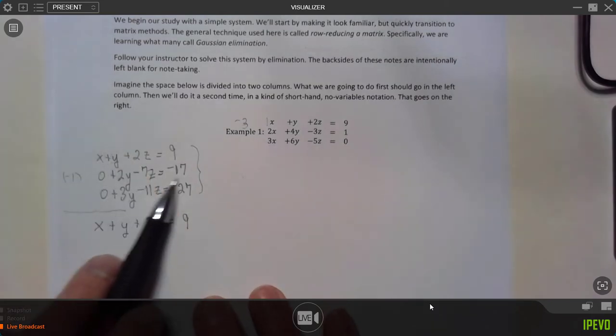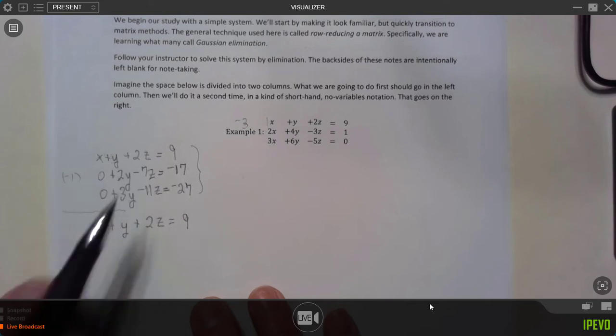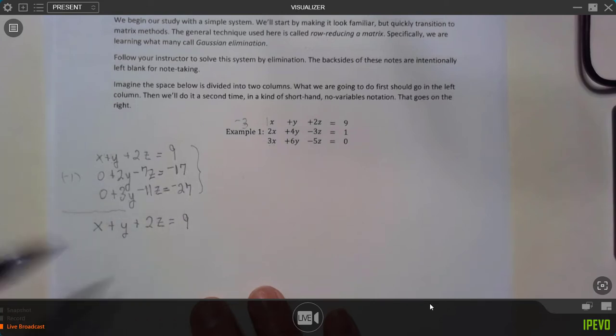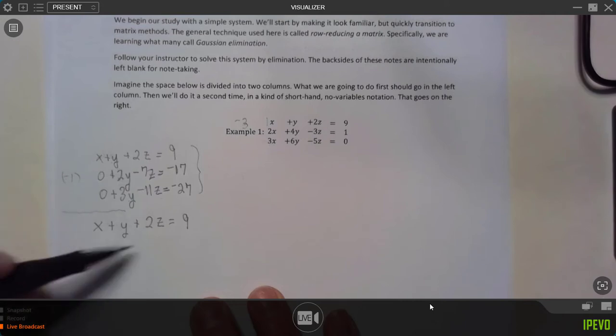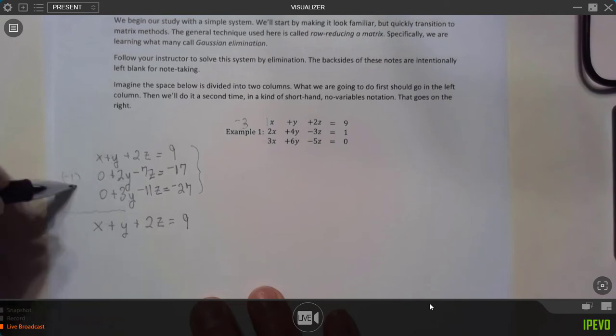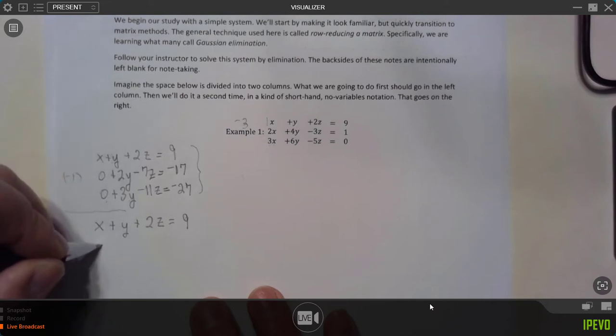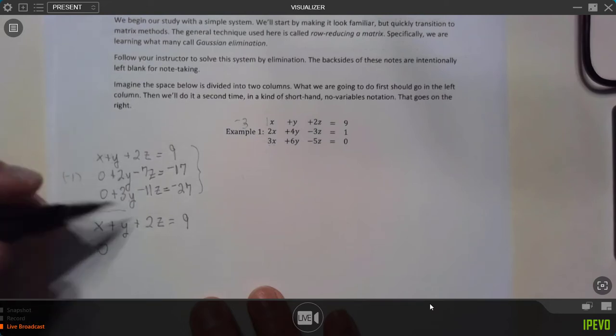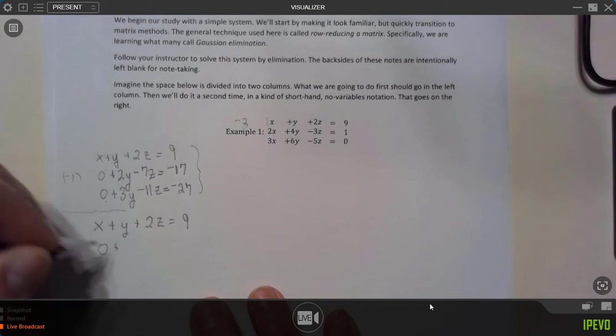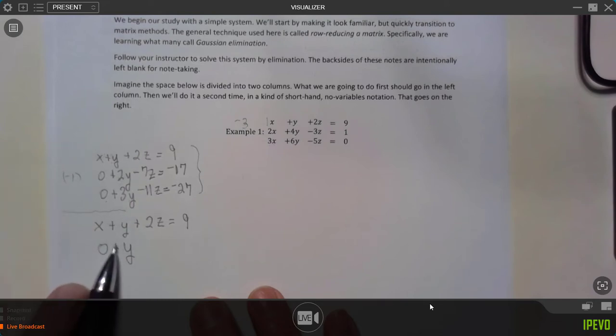This second row is going to stay the same, but I'm actually going to write it in the third row place, and this combination here is going to be in the place of the second row. So minus 2y plus 3y, of course we have zeros here, right? So minus 2y plus 3y gives plus 1y. And that gives that leading coefficient of 1 that's going to be real handy.